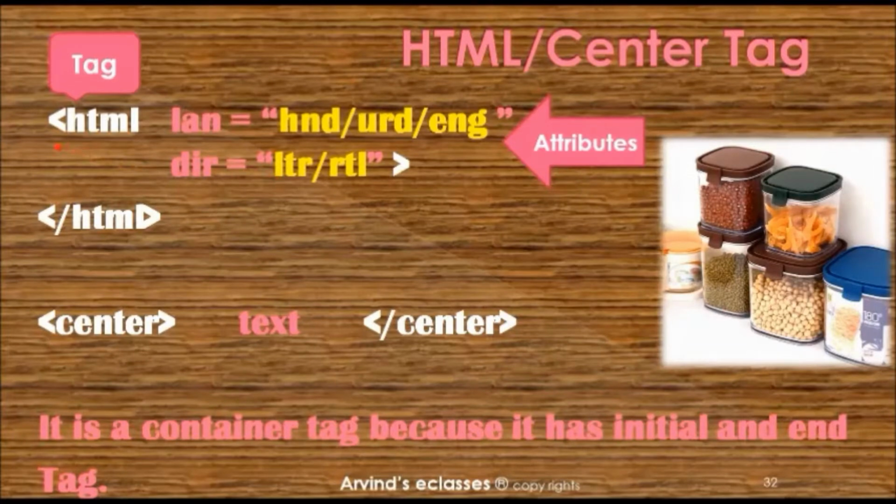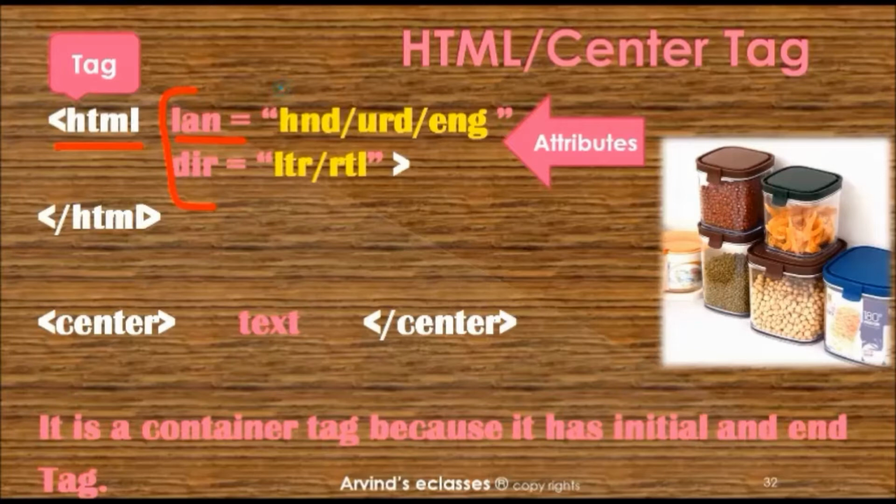So in the HTML tag we have 3 attributes. First one is LANG, which stands for language. Language in the sense, in a web page we use some languages to present our content.